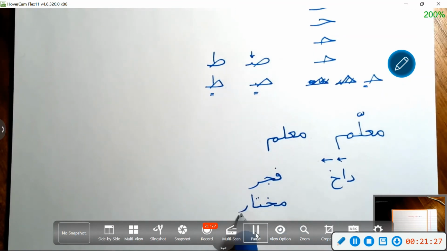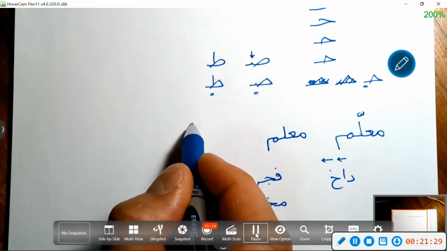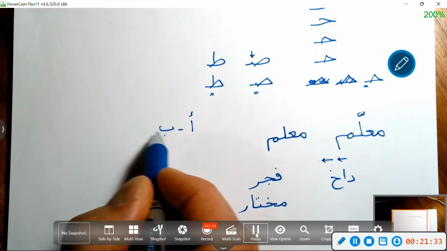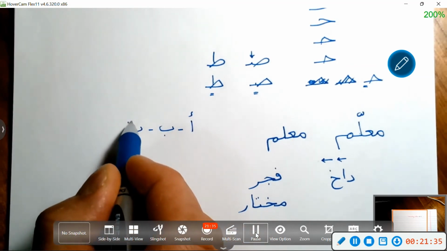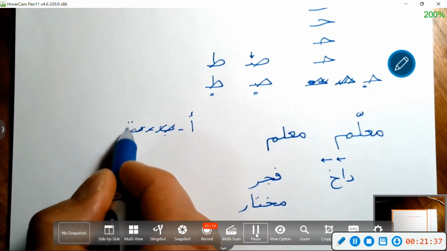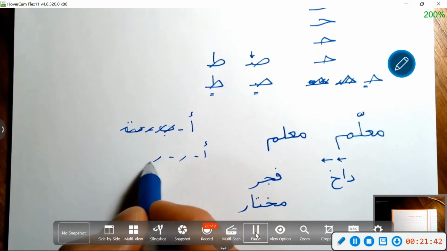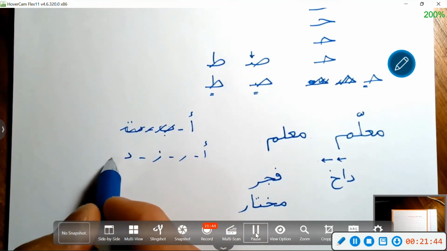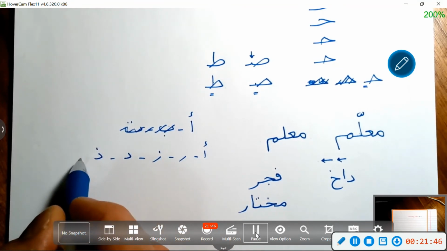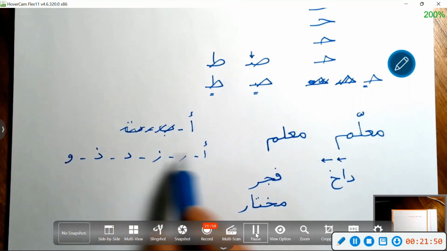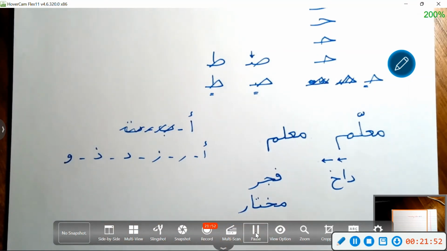Because ra, like alif, like all these non-connecting letters, again, I'm going to repeat that because a lot of students still get confused. Oh, I'm sorry. I always do alif ba ta ta. Alif, ra, zay, dal, the, and waw. These letters connect from the right side like any other letter.